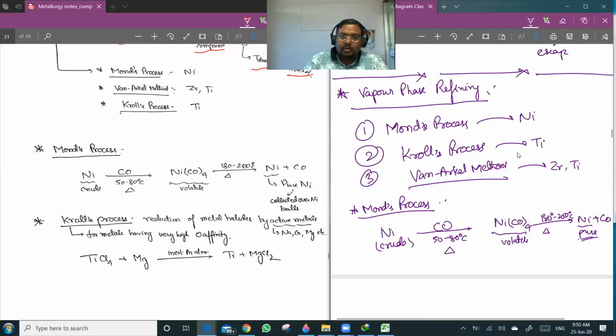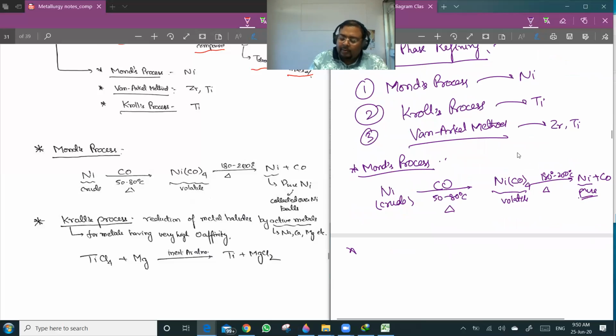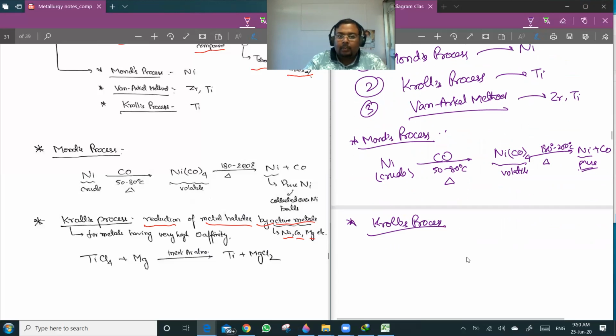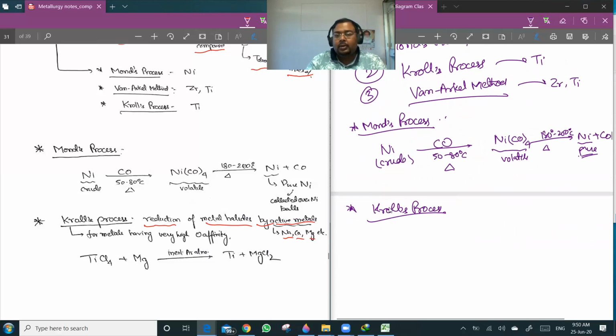Next is the Cross process. In the Cross process, we use a highly electropositive metal for reduction. Basically, the Cross process is reduction of metal halides by active metals like sodium, calcium, magnesium, etc. This is generally used for metals which have very high oxygen affinity.